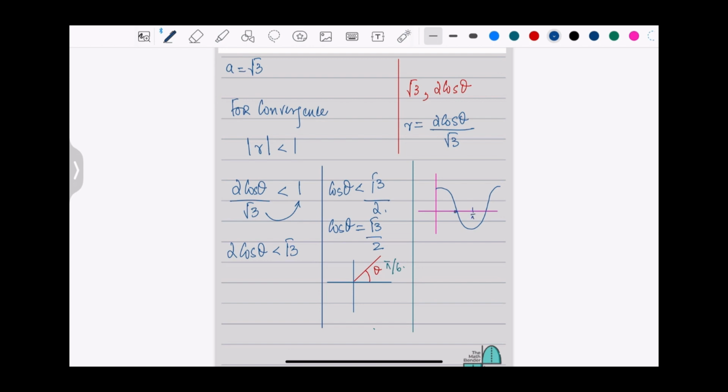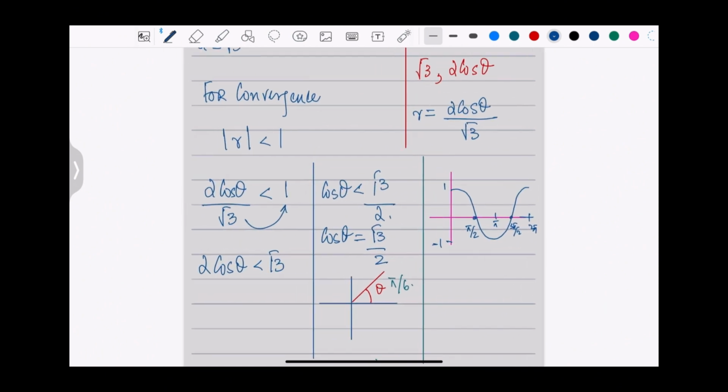This value here, where cos theta is 0, is pi over 2. This is 3 pi over 2, and that value here is 2 pi, where cos theta reaches 1. And the bottom value is negative 1. Now, what we are focused on is somewhere here, which is root 3 over 2.